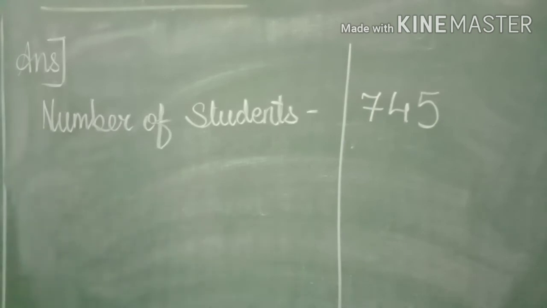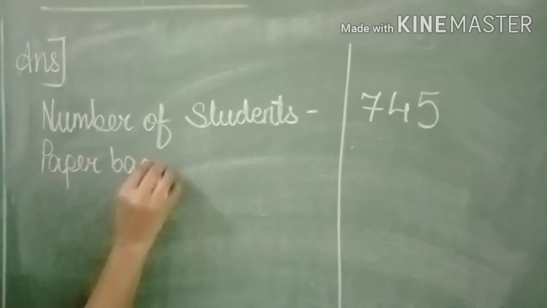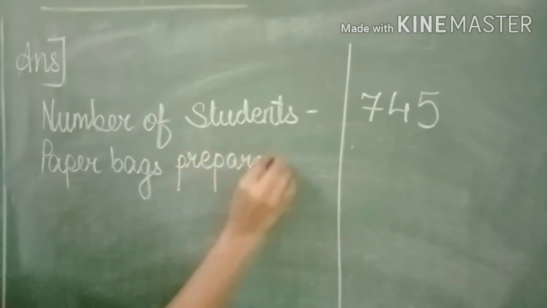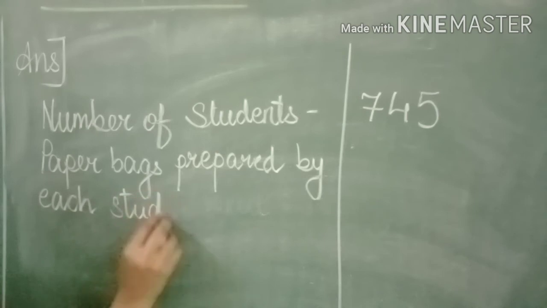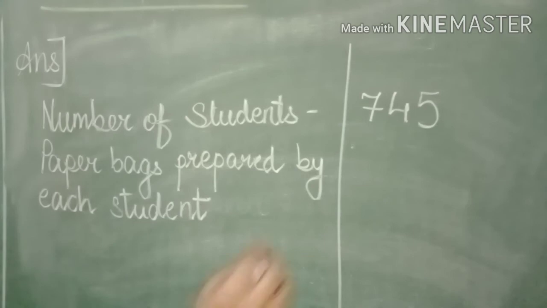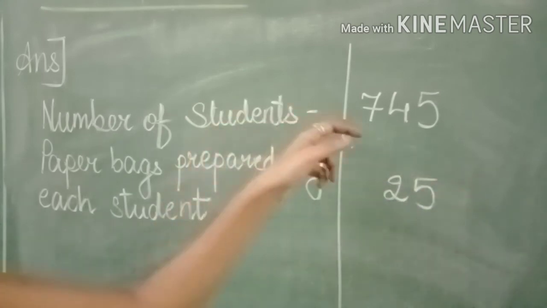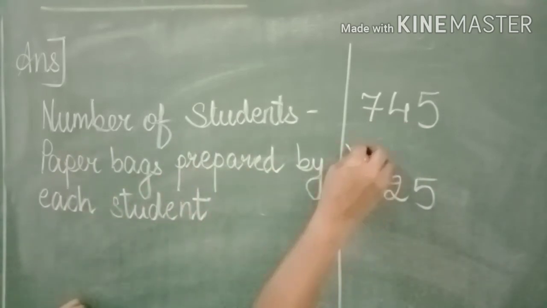So let's write the statement: paper bags prepared by each student, 25. So we write 745 as the number of students, 25 paper bags prepared by each student, and we are going to multiply.